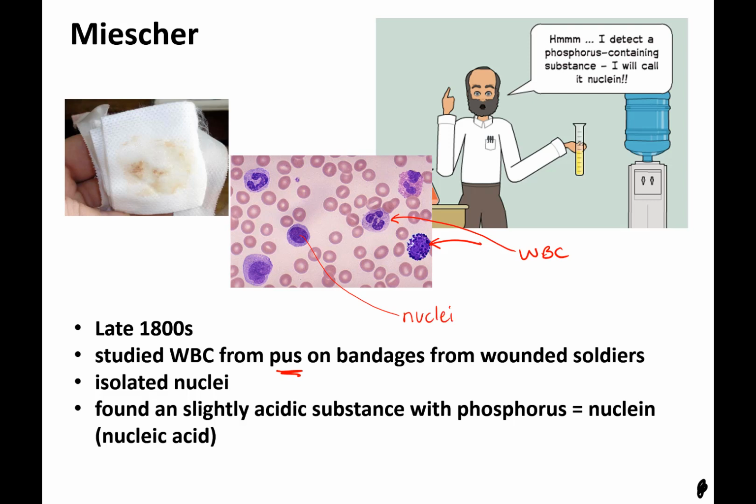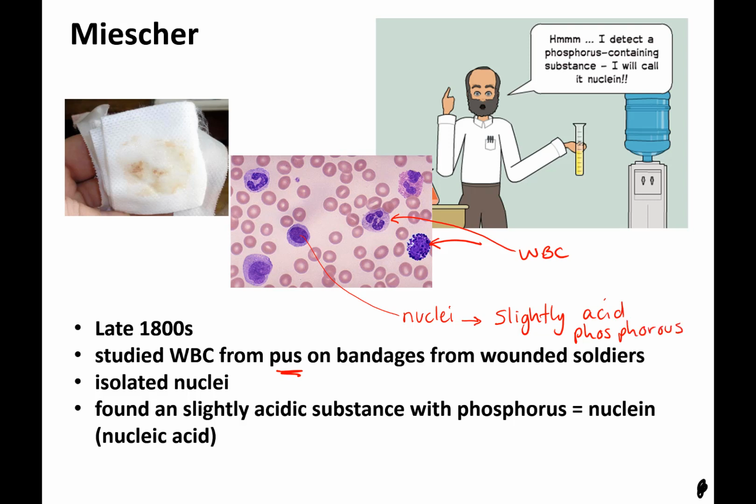cells. So, in case you don't know, red blood cells do not have nuclei, and the white blood cells, you can see, are much larger. So he was able to isolate these nuclei and determine with some chemistry that they were slightly acidic, and it contained a lot of phosphorus.